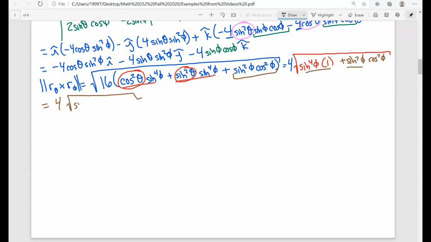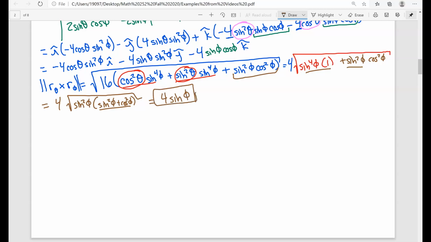And on the inside, I'm left with sine squared phi plus cosine squared phi. Notice that's just going to give me 1. The square root of sine squared is going to give me the absolute value of sine, but since we're only looking at the positive hemisphere, phi can only be positive, so you're just going to get 4 sine phi.